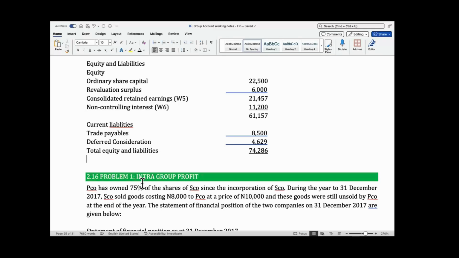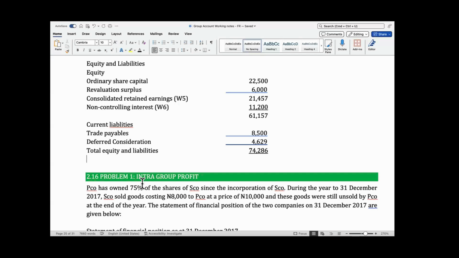That profit should be cancelled out. That's all you do to it. Whatever they have sold among themselves and they make profits, cancel it out. So those sales, if there are receivables and payables arising from it, cancel them out.